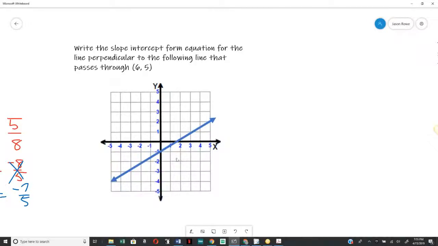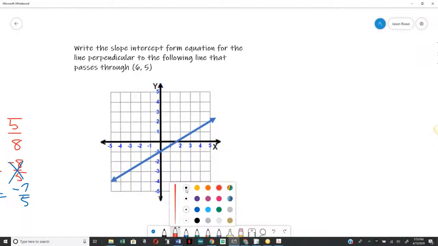That's really all we need to know. Just like on the last ones, I'm going to find two good points, and then use those points to find my slope. So it looks like (0, -1) is a good point. If I follow that line, that one's close, but you can see it's right under that crosshair like I like. So the next good point might be right here at this little intersection.